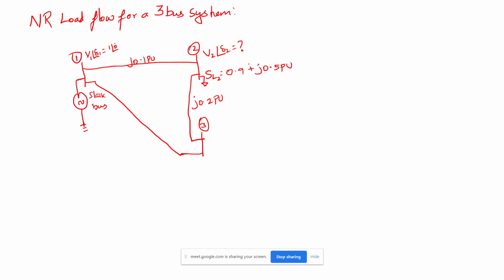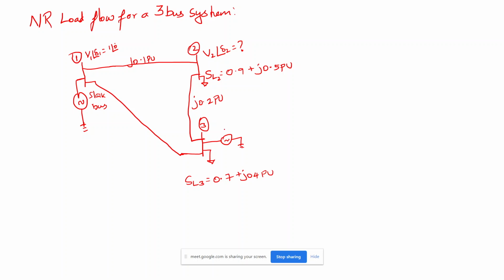So this is given for you, and let's say here also one generator is there and a load is there, and the complex power at load 3, SL3, is equal to 0.7 plus J 0.4 per unit.